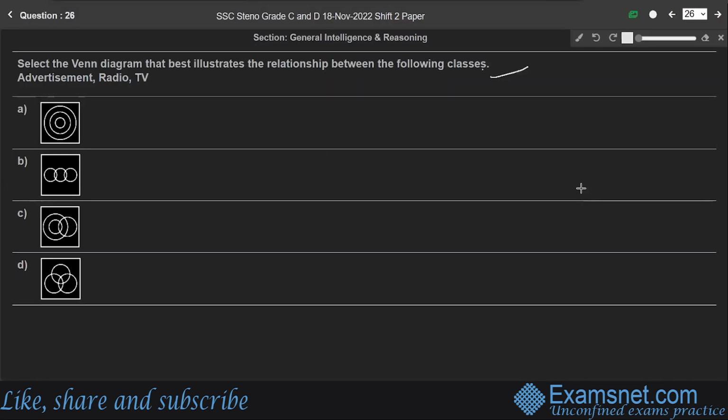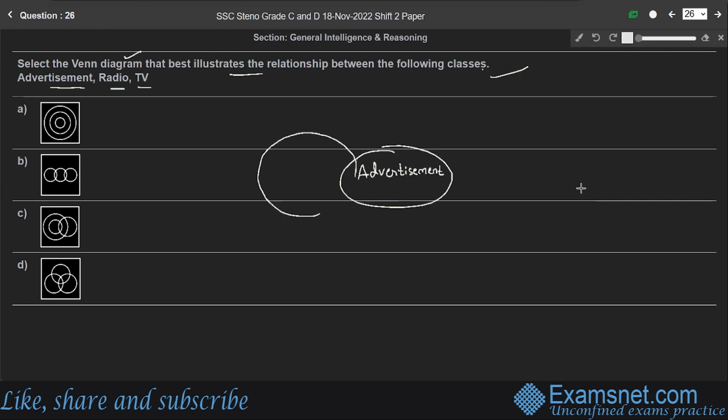Question number 26. Select the Venn diagram that best illustrates the relationship between the following classes: advertisement, radio, and TV. Here the common set is the set of advertisement, right? So some advertisements are broadcast in radio.